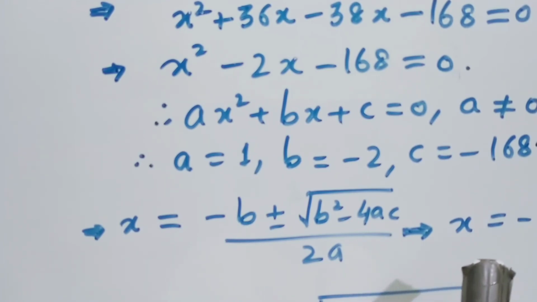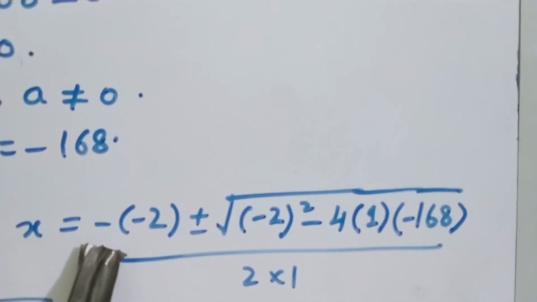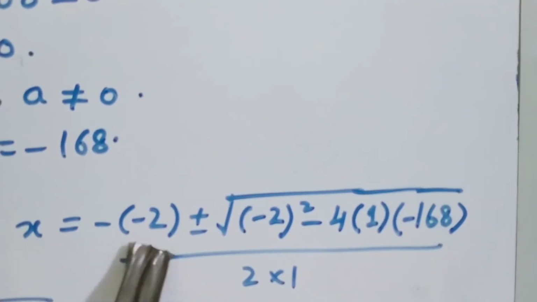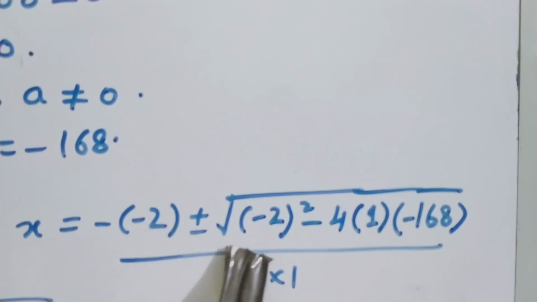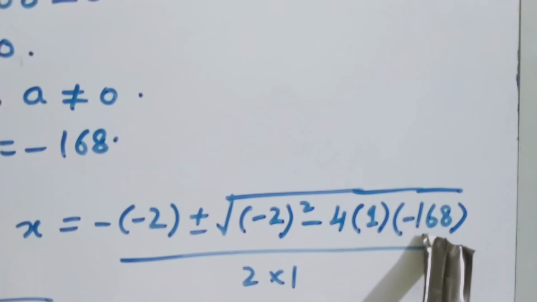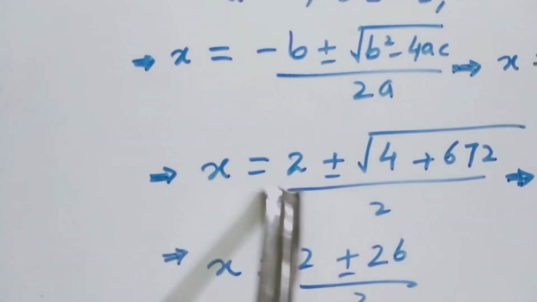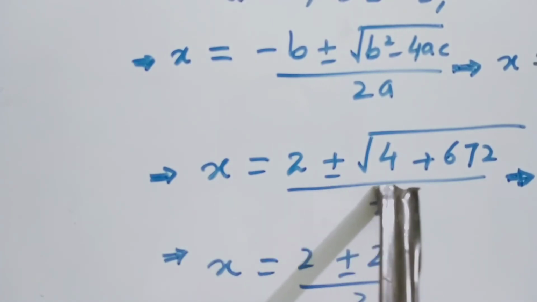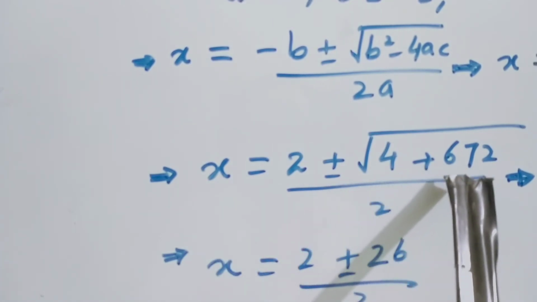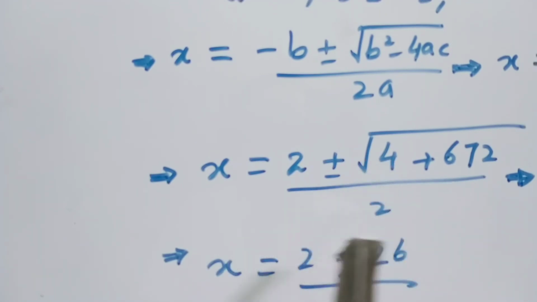Instead of b we are putting minus 2, so minus minus 2 is plus 2, plus minus under root minus 2 whole square minus 4a, a is 1, and c is equal to minus 168, divided by 2a, a means 1 over here. So x is equal to plus 2 plus minus under root 2 square is equal to 4, plus 168 multiplied by 4 is equal to 672, and whole divided by 2.